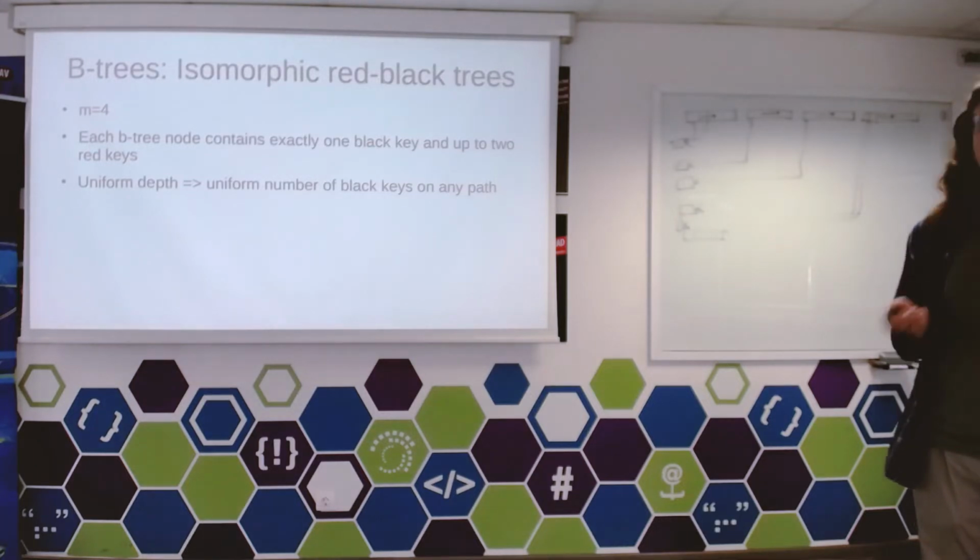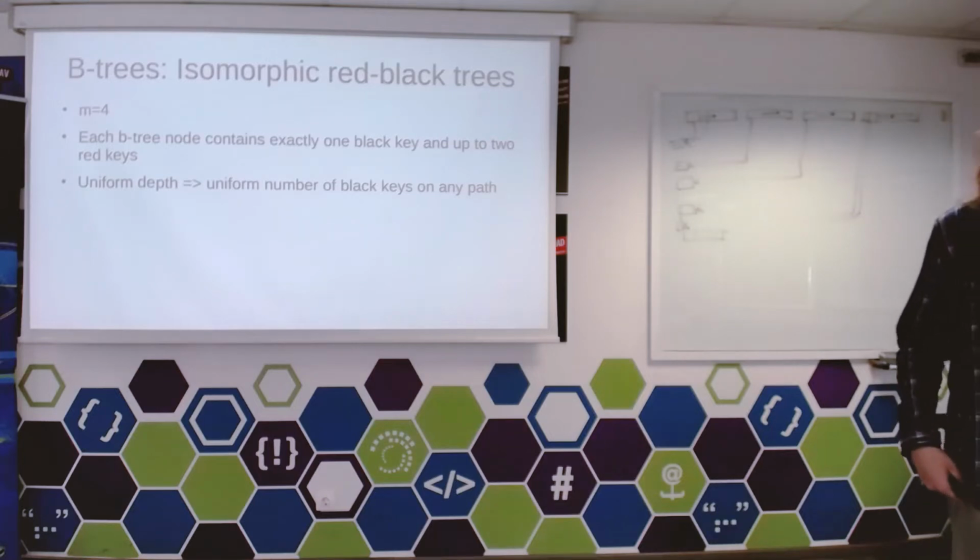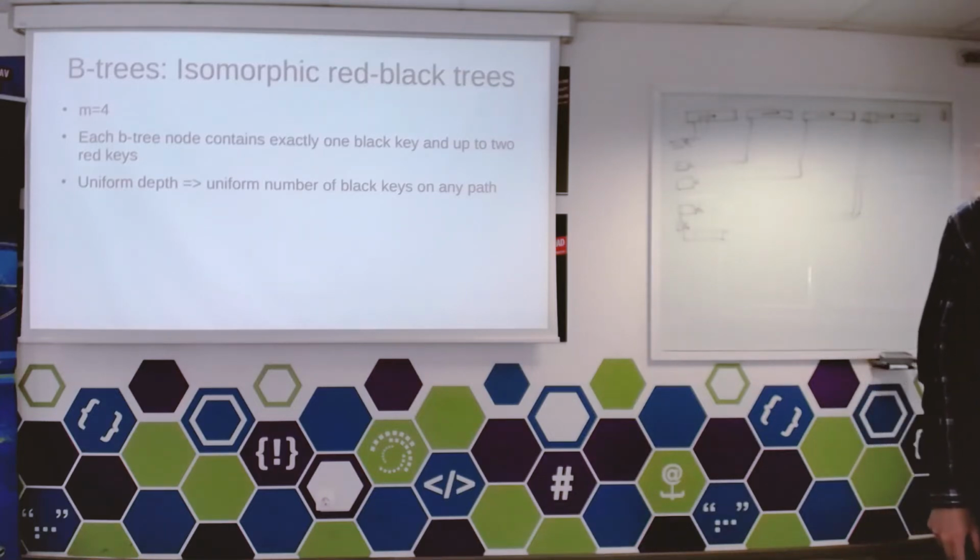It also turns out that the B-tree insertion algorithm is the same as the red-black tree insertion algorithm, as in the changes they perform map over the isomorphism.